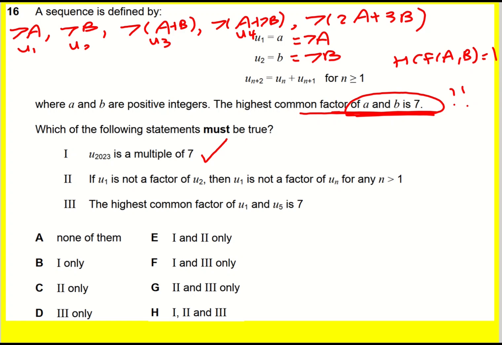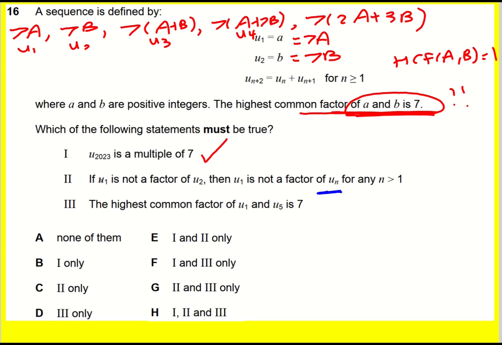Okay, so I'm now looking into, right, if U1 is not a factor of U2, then U1 is not a factor of Un for any n greater than 1. Now, to prove this is true seems to be quite tricky, really, for any Un. So why don't we see if we can get U1 being a factor of Un for some n. Let's just come up with something.